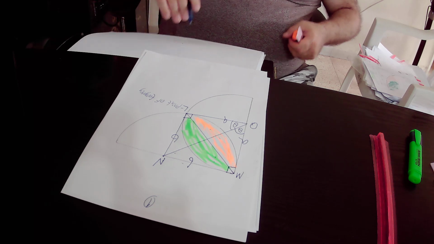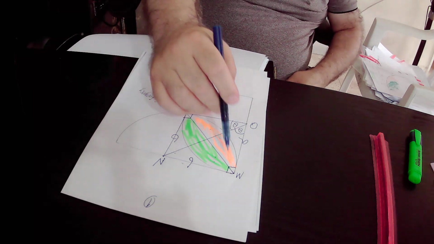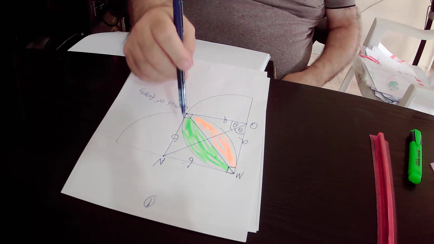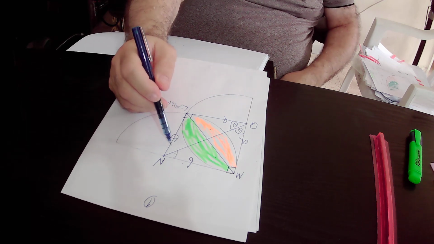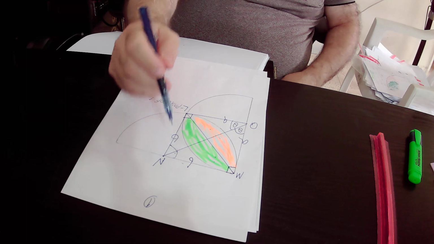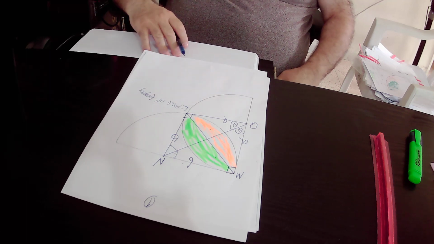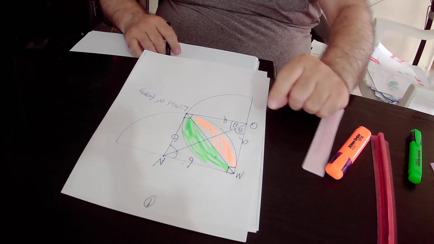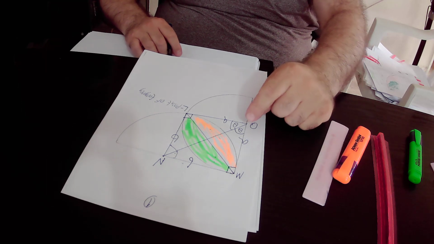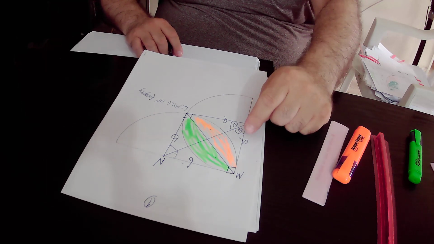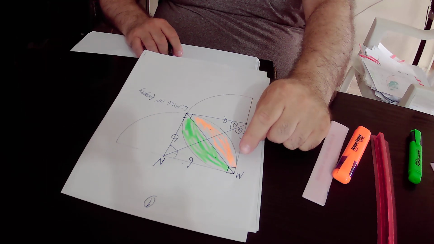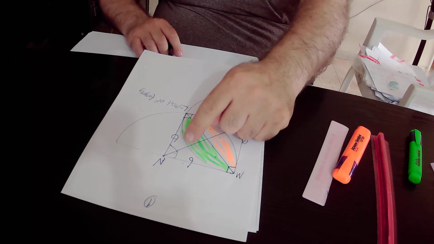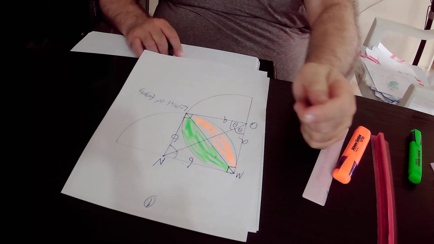In order to find the area of this sector MNL, we have to find the size of this angle. So first of all, this angle equals theta, this angle equals 90 degrees, therefore this angle equals 90 degrees minus theta.